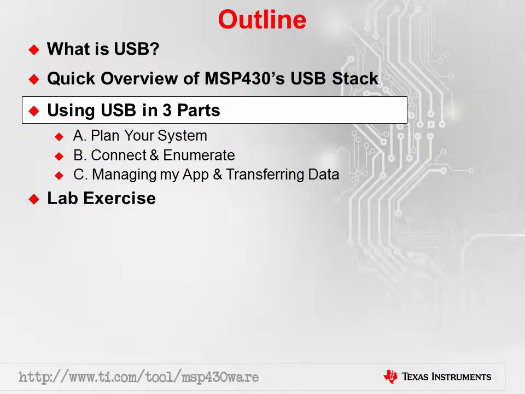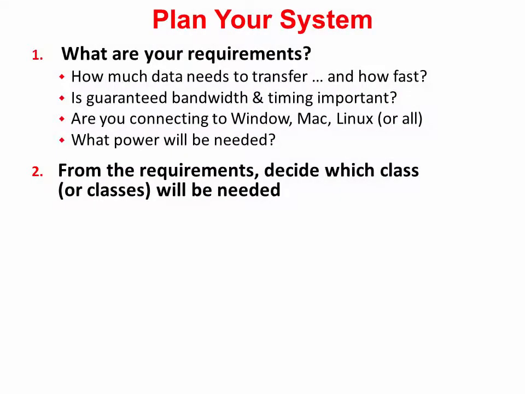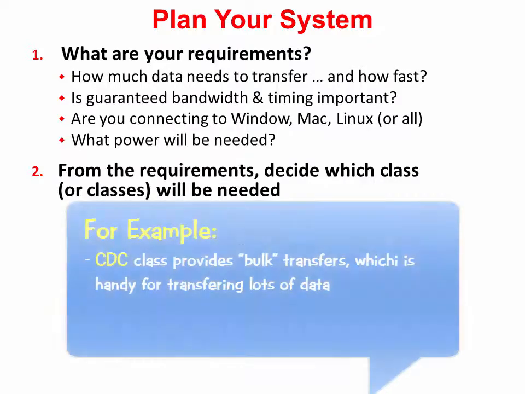Now, let's go ahead and look at using the USB. We've outlined this in 3 parts. The first part is planning your system. The old adage, plan first, applies here as well. The first thing you need to do is answer some questions, such as those shown here. Figuring out your needs is important because different classes provide different results.